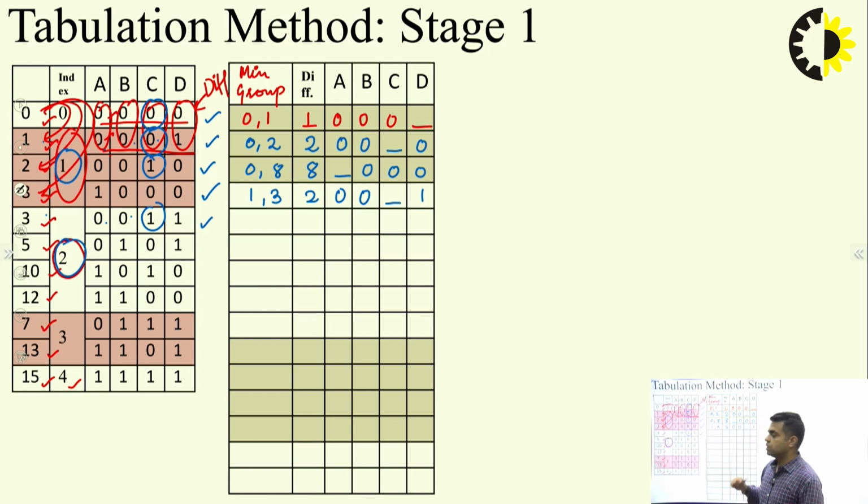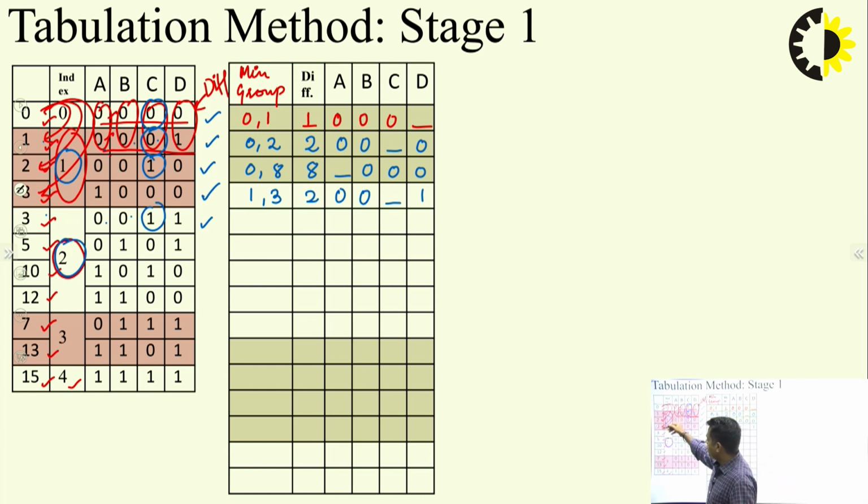So this tick is very important. If we miss any of these ticks, then at the last stage we will have some extra terms which might give a wrong answer. So ticking the terms which participate in any group is very important.